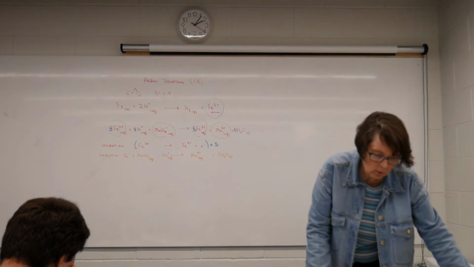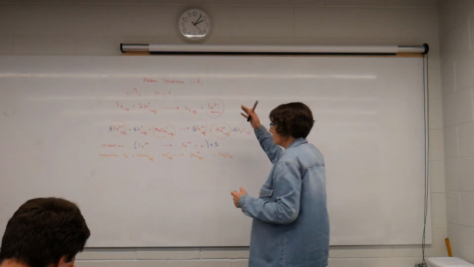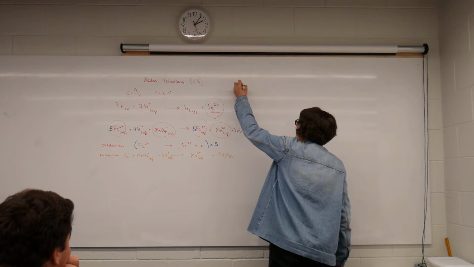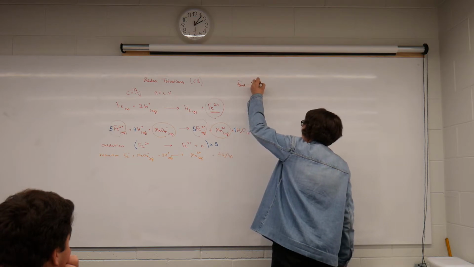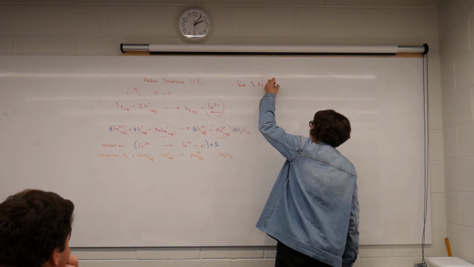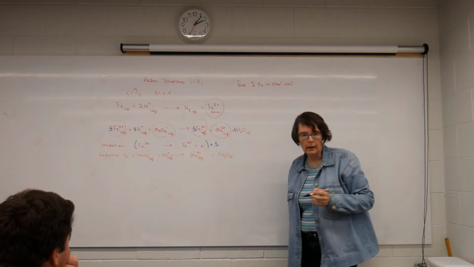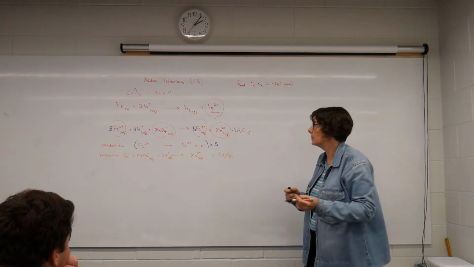Now, if we think about what this series of titrations will be about, what we want to find is the percent iron in steel wool. Okay, that's the aim of this series of experiments.